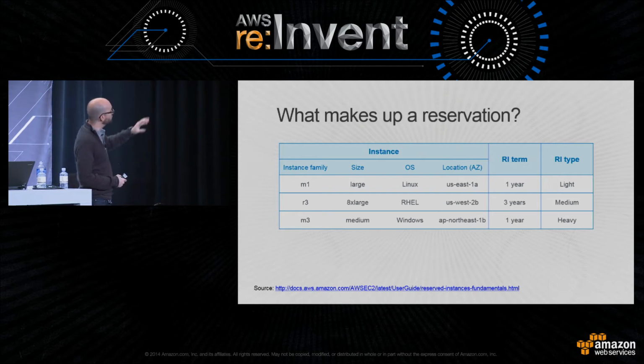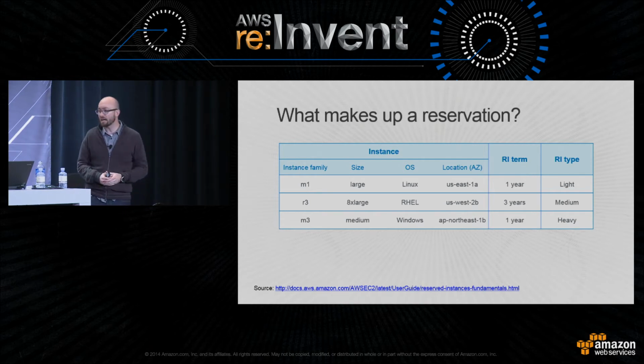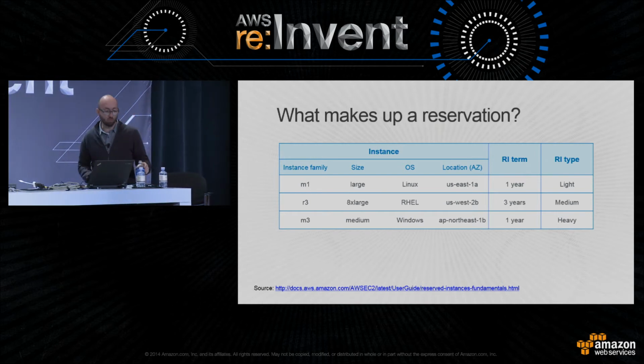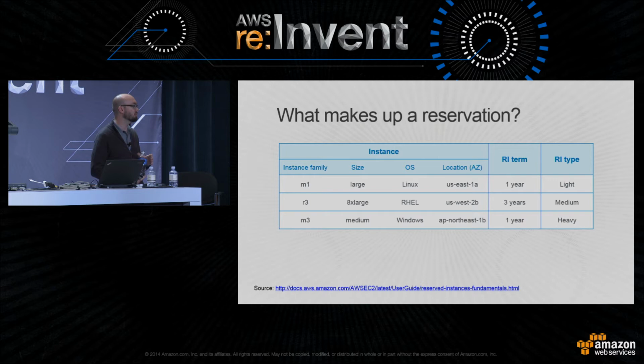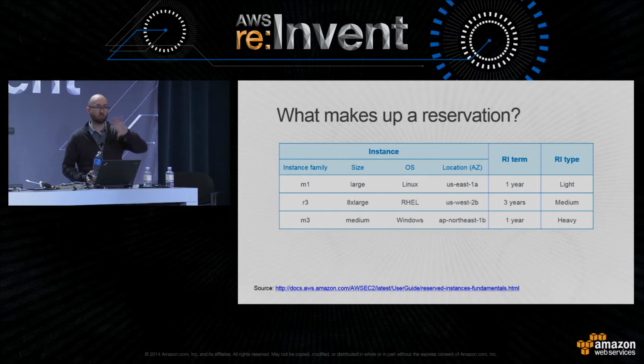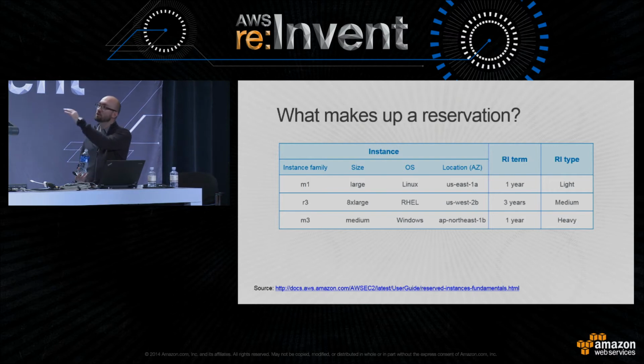So those coupled with the RI term, 1 year versus 3 year, and the RI type, light, medium, and heavy, make up the reservation and what I'll generally refer to as the RI class in this presentation, just because there's a lot of components floating around, so we'll group each of these individual line items would represent a different RI class.